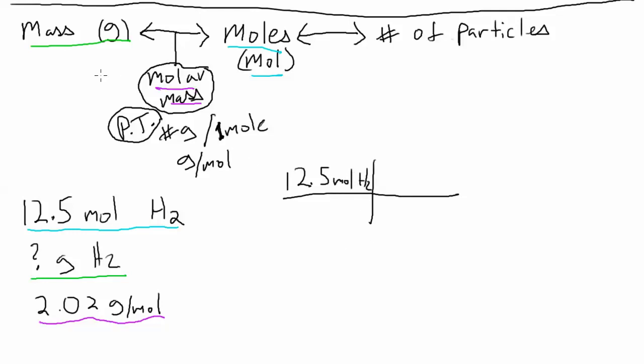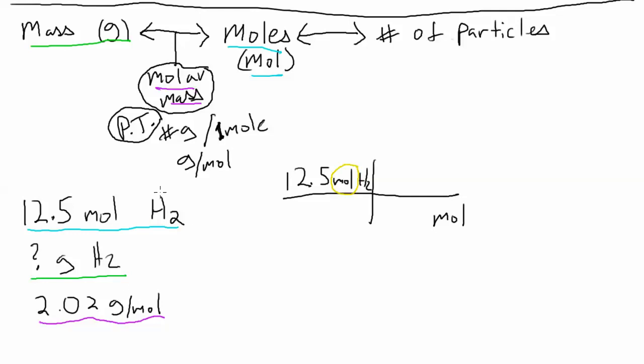Since we have the unit moles up here, we want to put moles down here so that it cancels. You always want to put the same unit in the bottom of the next fraction when you're doing dimensional analysis.